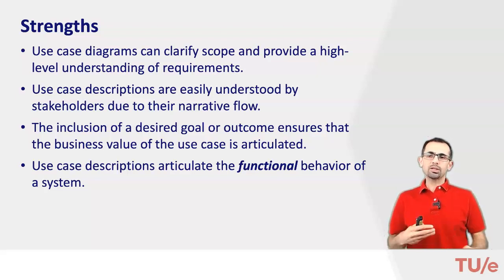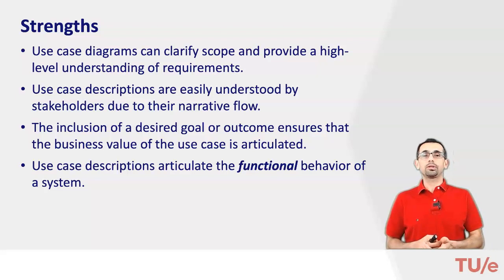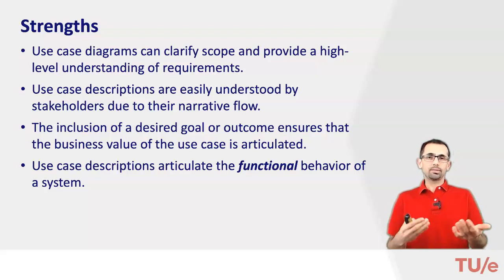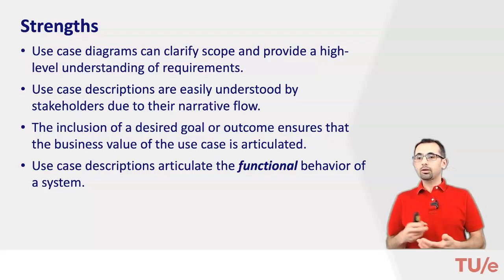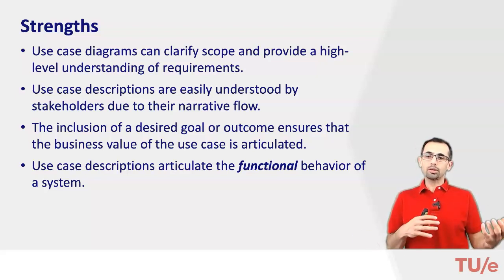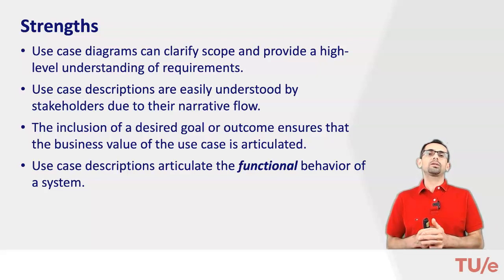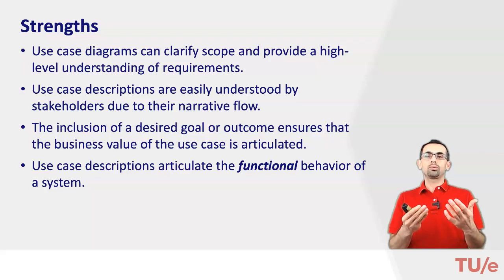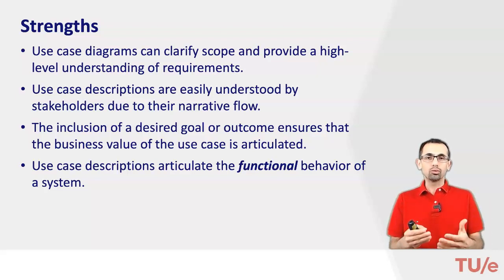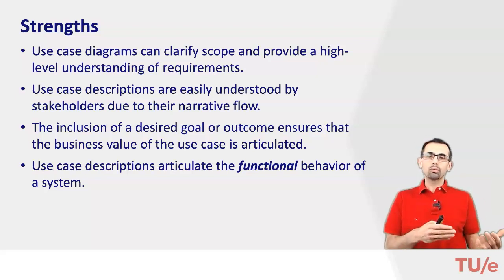Use case descriptions are easily understood by the stakeholders due to their narrative flow. The inclusion of a desired goal or outcome ensures that the business value of the use case is articulated. As I mentioned, you start with the question of what a user should do with the system.